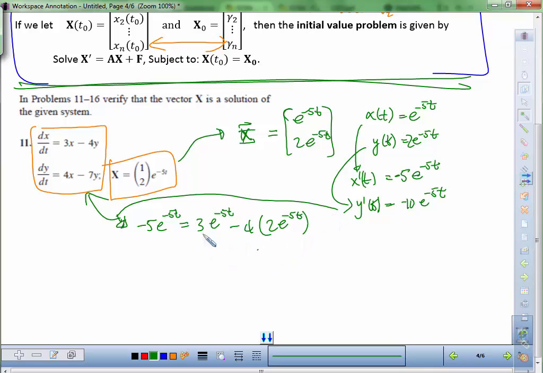And if we simplify that, we get 3 minus 8, negative 5, so that checks out.